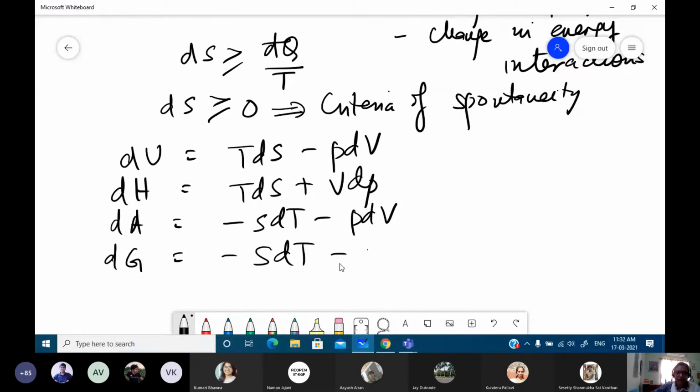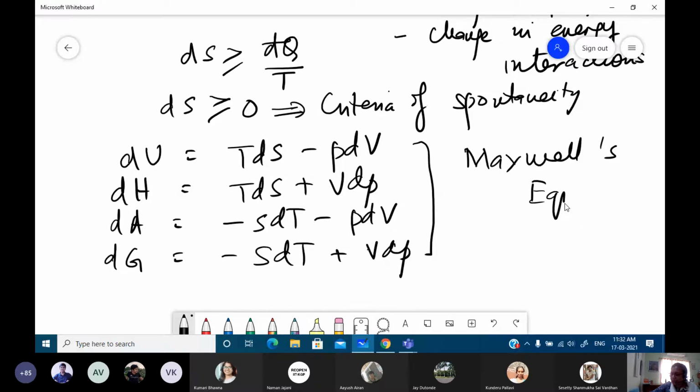These were the four equations that we got, and then from this set of four equations, we arrived at the Maxwell's equations.